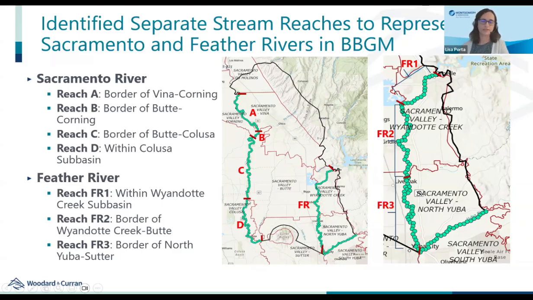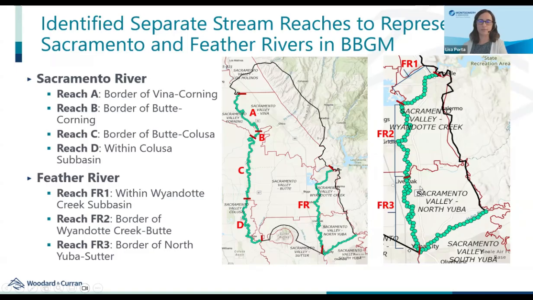And then, actually this is kind of within the Colusa subbasin, because it's splitting it at the county line here. In the Feather River, within the Wyandotte Creek, we have just this piece between Oroville and Thermalito Afterbay. And then FR2 is between Wyandotte Creek and Butte Subbasin.